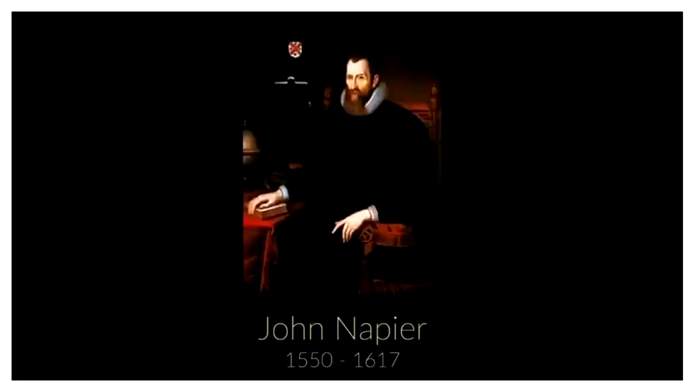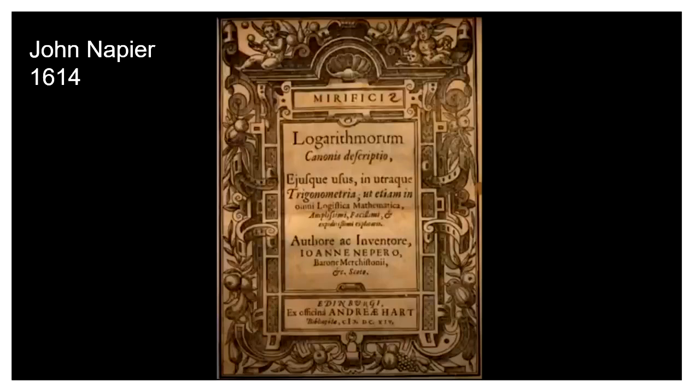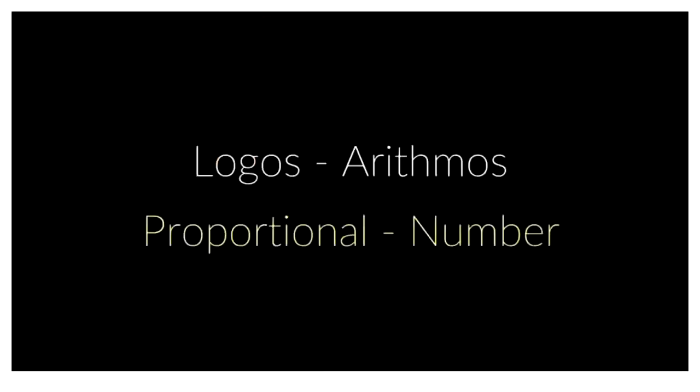Napier is from Edinburgh. This is where logarithms start. Now, early on, when he first discovered these comparatives, logarithms is from the Greek words logos and arithmos. Here it's calling it proportion, but let's just say proportionate numbers.